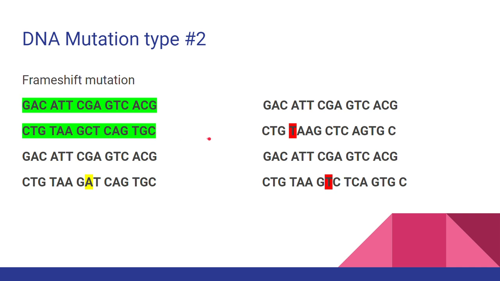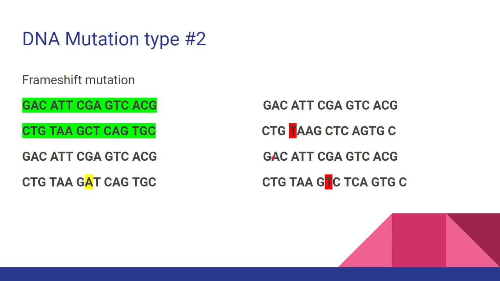Here we're going to have an insert and a delete. You see the insert over here: we have this, but suddenly we have this T, thymine, showing up, and it just stays there.